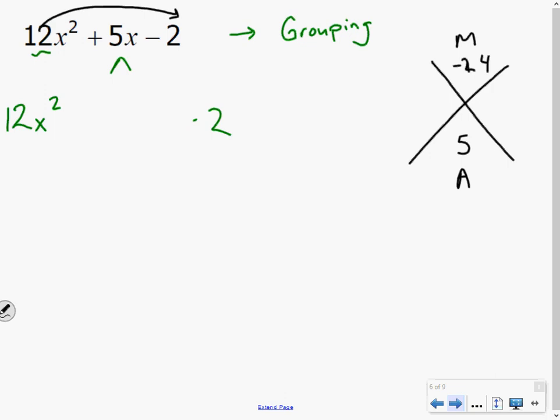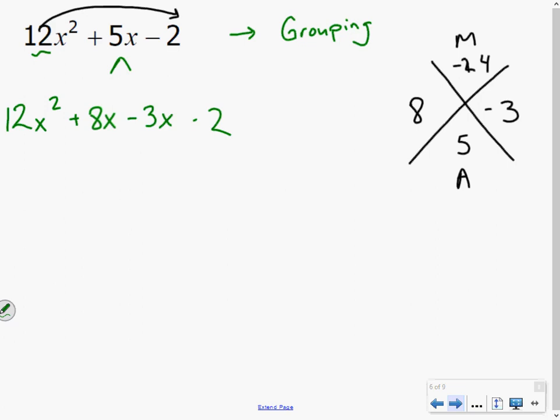So we need to find numbers that multiply to -24 and add to +5. So that's going to be a +8 and a -3. And I'm going to use those values to split 5x. 5x is going to split into a +8x and a -3x. Because if I recombined those 2 terms right there, that's going to give me my original 5x.